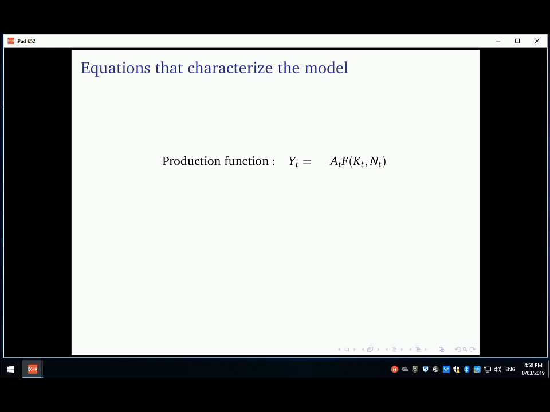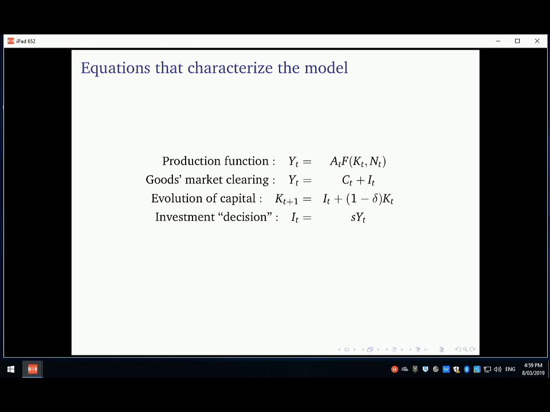Okay, so the equations that characterize our model are the production function, how you convert inputs into outputs; the goods market clearing condition, or the resource constraint if you're thinking from a planner problem: total output has to be consumed or invested; the evolution of capital, the law of motion of capital, where K_{t+1} is equal to what you invest plus the undepreciated part of capital from today that can still be useful for next period; and the investment decision, which we assume is just a fixed fraction of output.